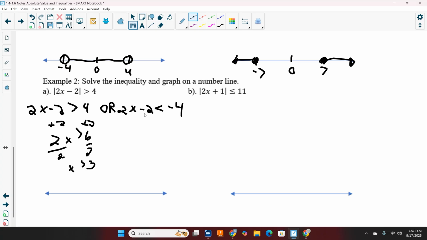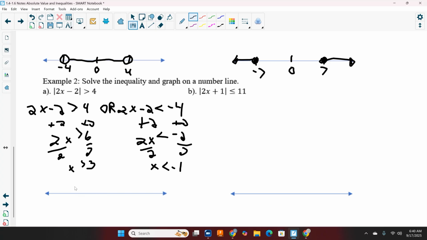Our second inequality, we're going to add 2. 2x is less than -2, divide by 2, x is less than -1.